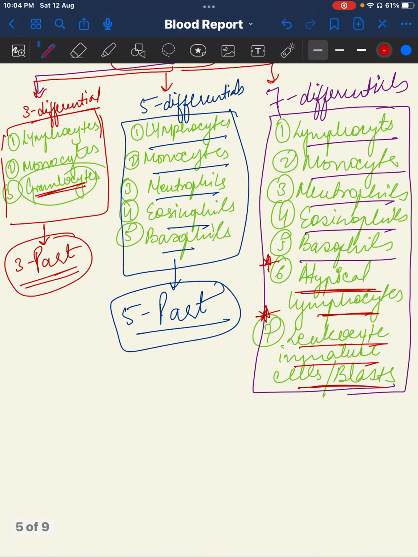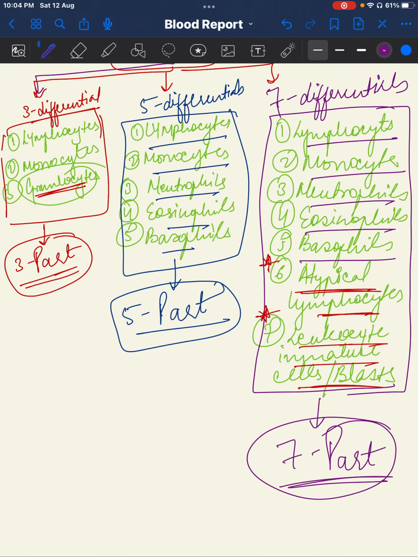So this type of machine is called a seven-part. So in hematology, we have a three-part, a five-part, or a seven-part machine. Next time if somebody is talking about a three-part, five-part, or seven-part report, you have an idea what they mean.